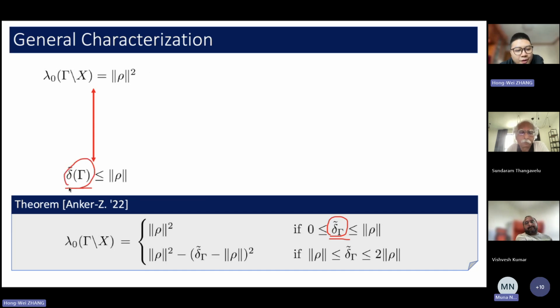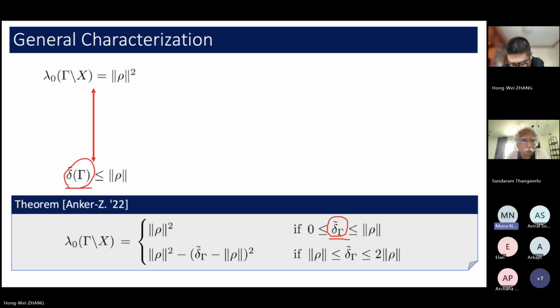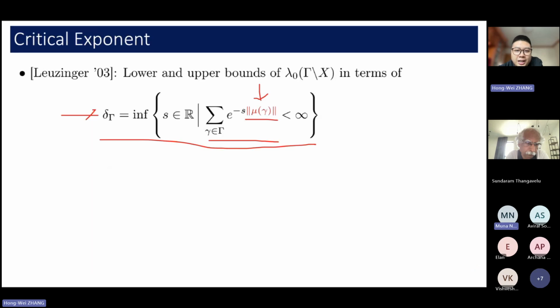Not just the typo, but the notation. Okay. So my question is, was there any theorem like this in terms of just delta gamma, not delta tilde gamma? Sorry, you mean delta gamma is large? No, why do you consider this delta gamma tilde instead of delta gamma?